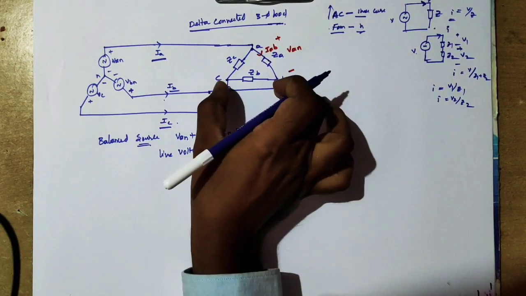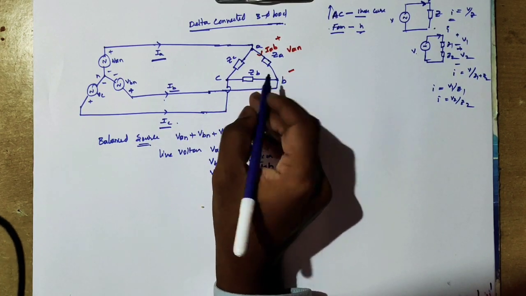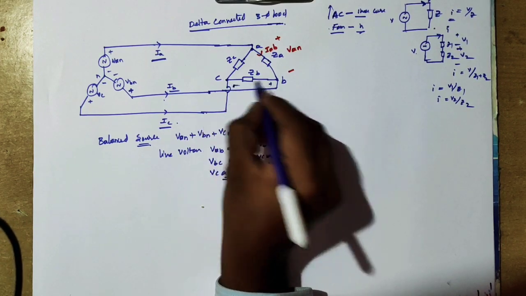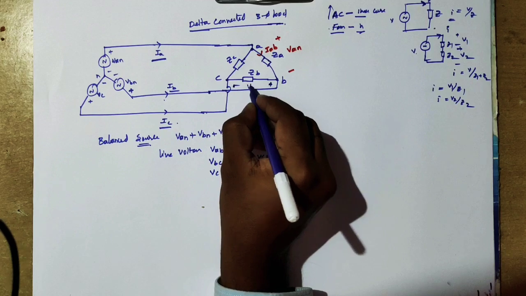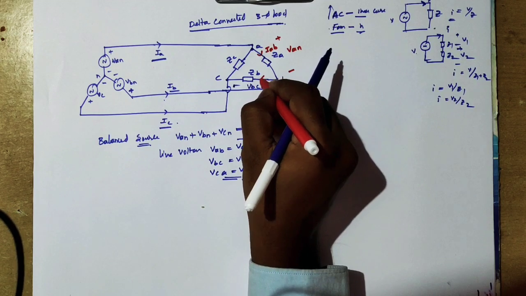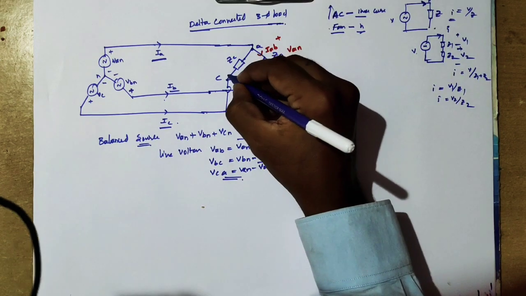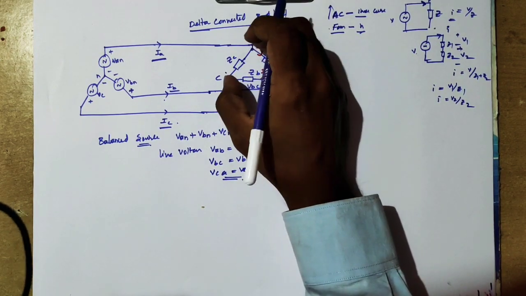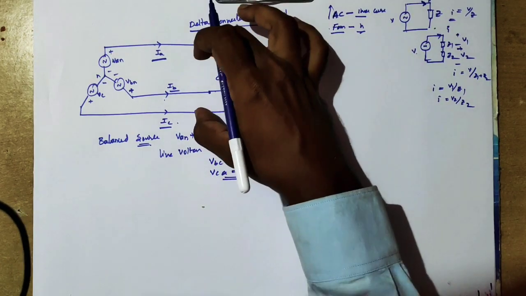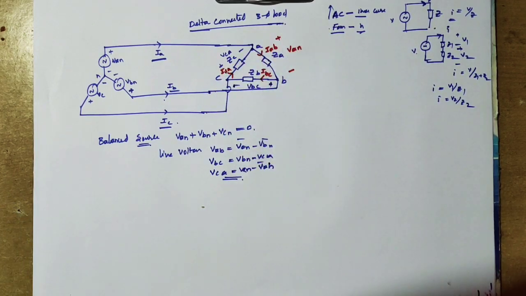Similarly, you know the voltage across BC, and the current flowing is IBC. Similarly, the line voltage across C and A is VCA, and the current flowing is ICA. Agree with me?